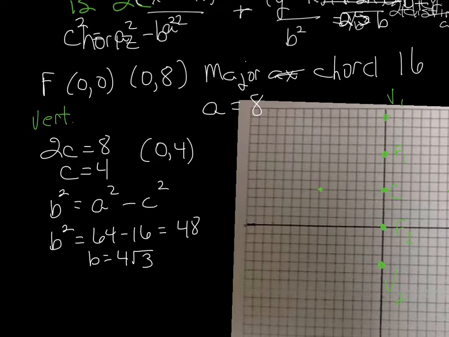Now we could draw our ellipse, but let's come up with our equation first. It's going to be x minus 0 squared over b squared plus y minus k squared over a squared equals 1. And we could graph out our ellipse.